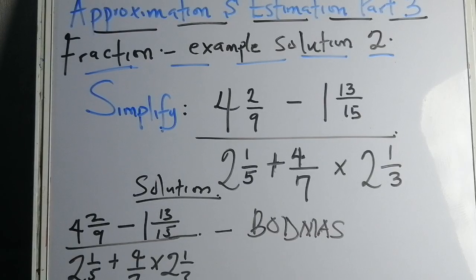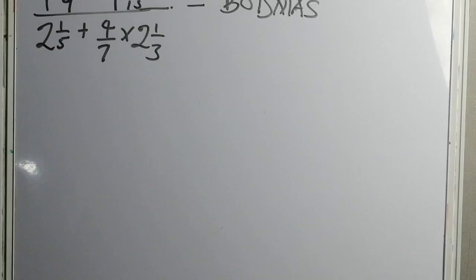We just need to take care of the numerator first, then take care of the denominator second, applying BODMAS. Then we can use our long division method. It's straightforward, and we don't need to waste much time here.